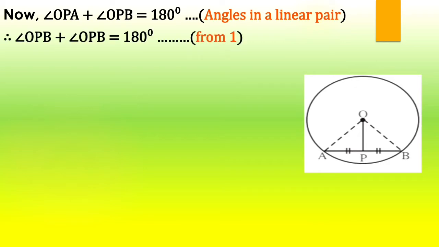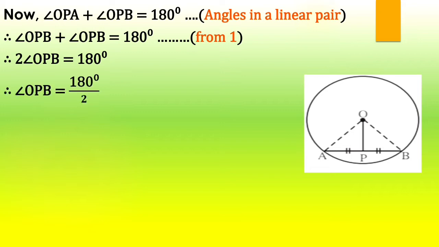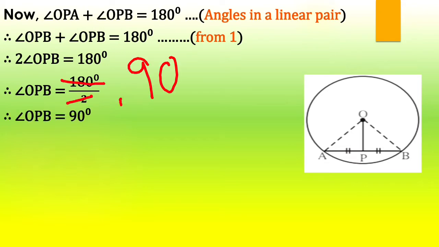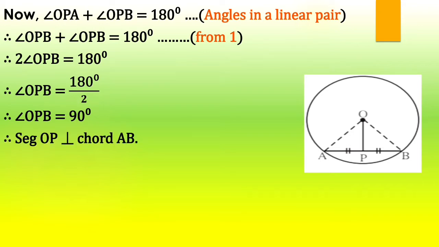So here we get angle OPB plus angle OPB equal to 180 degree. So 2 times angle OPB equal to 180 degree. So 2 will be divided to the right side. So angle OPB equal to 90 degree. Segment OP is perpendicular to chord AB.